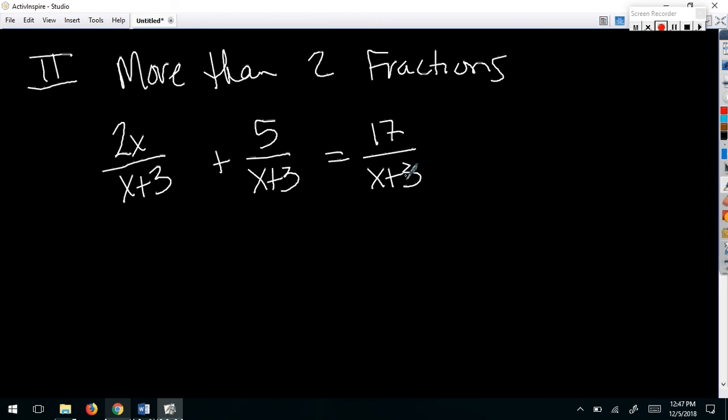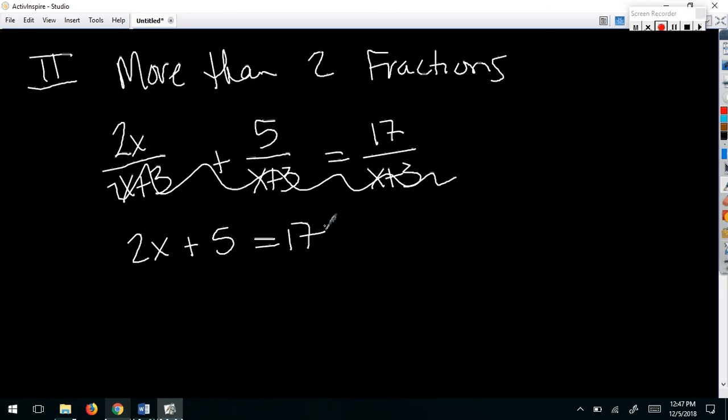So you just add the top, right? If it's all the same, then the numerators must also be the same. Because it's an equation, they have to be. If every denominator you see is the same, drop them off and set the numerators equal to solve. So 2x equals 12.